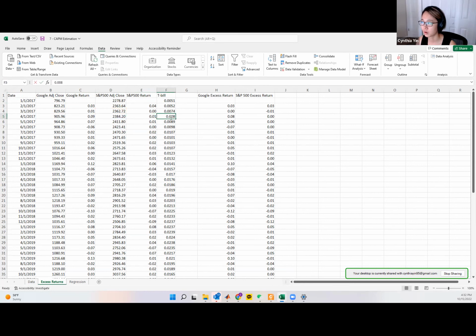And you know the corresponding risk-free return in the period. Excess return is very simple. The Google excess return is just the Google return minus the risk-free return. It exactly follows our formula, R minus RF. S&P 500, also very simple, is just the S&P 500 return minus the risk-free return. You get these two columns.